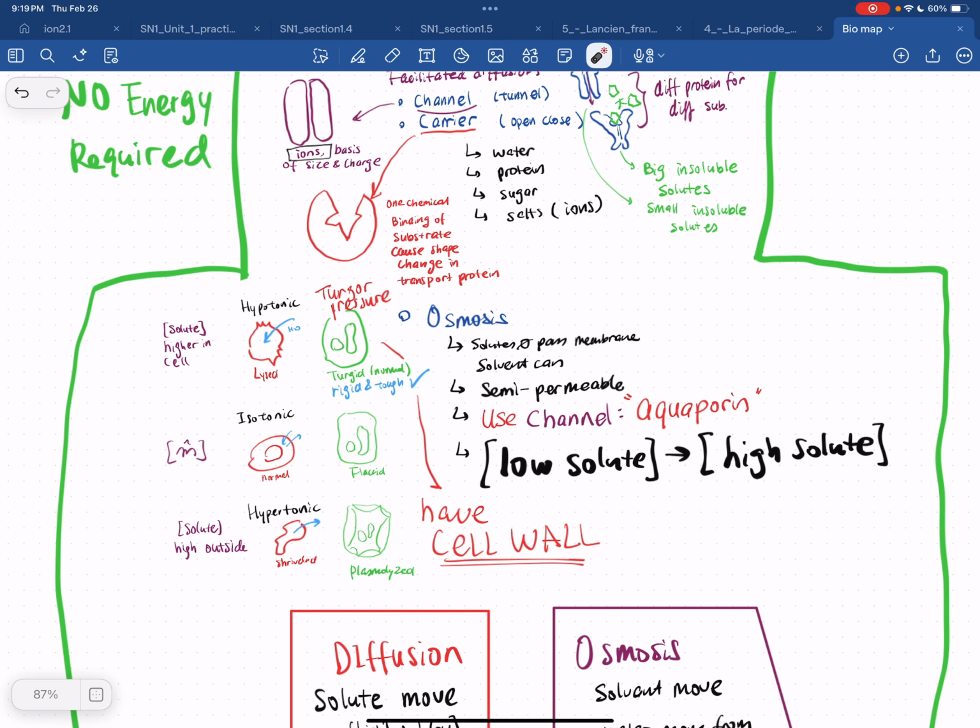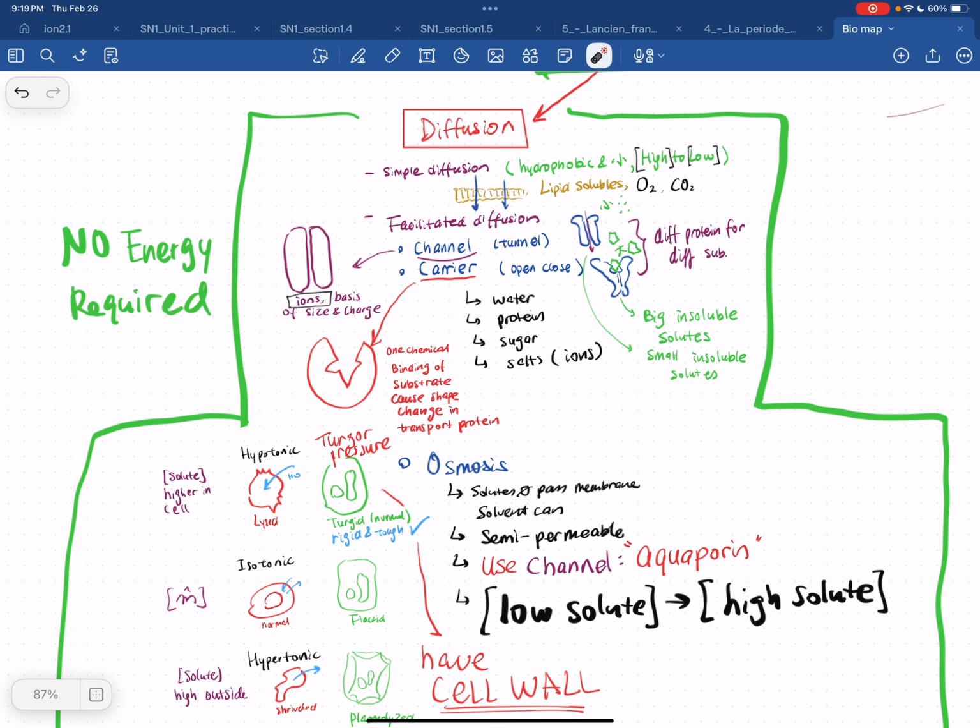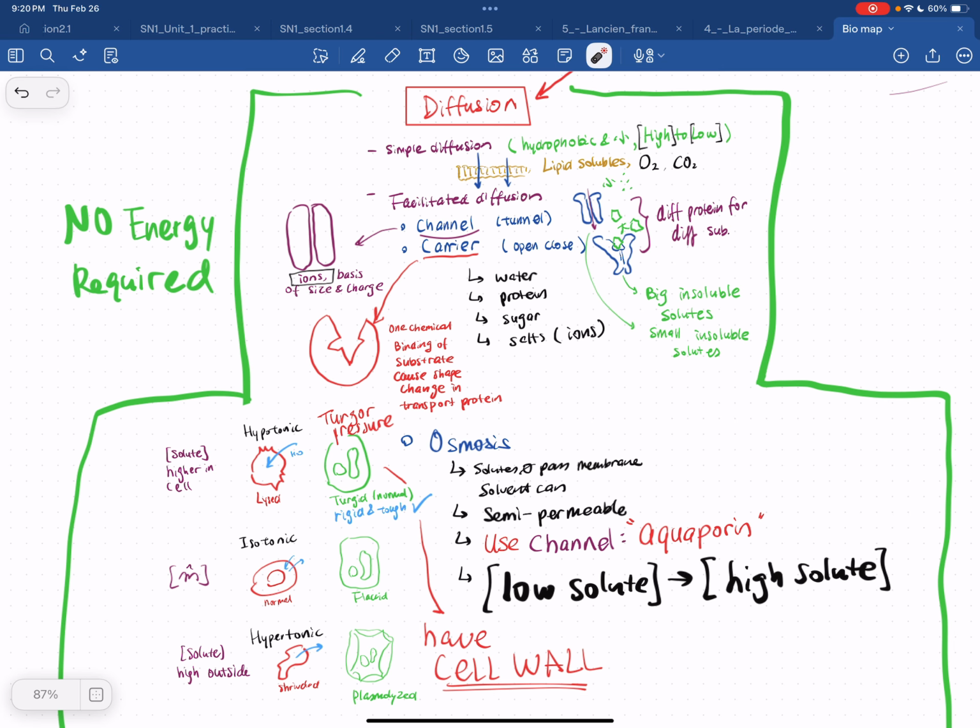Unlike lipids or O2 or CO2, which can simply diffuse, water and these protein molecules are polar, and that's why it's not easy to get in. That's why they need to go through carrier proteins and channel proteins.